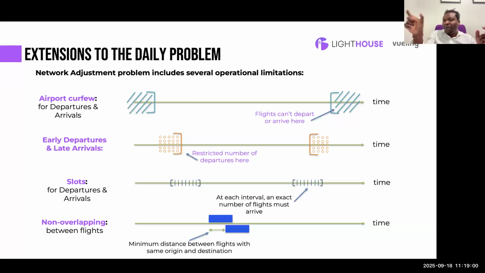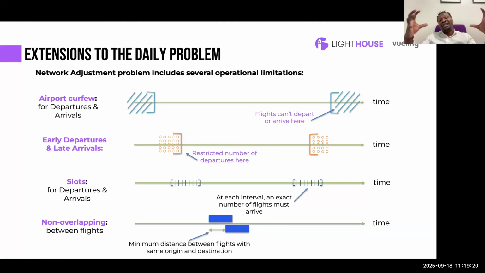So we need to respect this information and also the non-overlapping flights. That is the minimum distance between flights with the same origin and destination. So we need to inform the model somehow with all this.